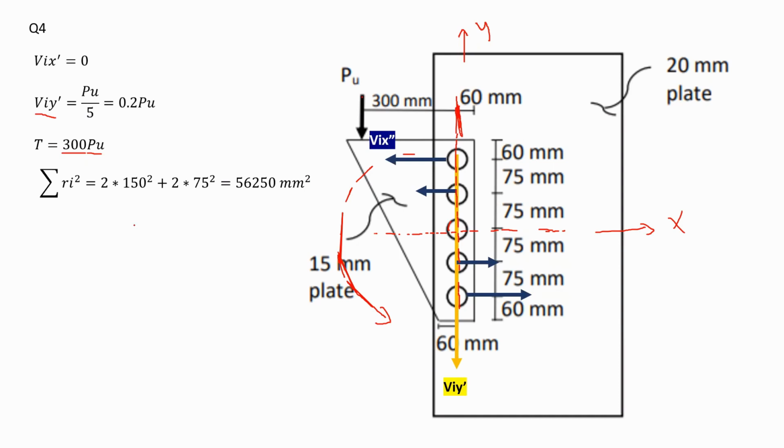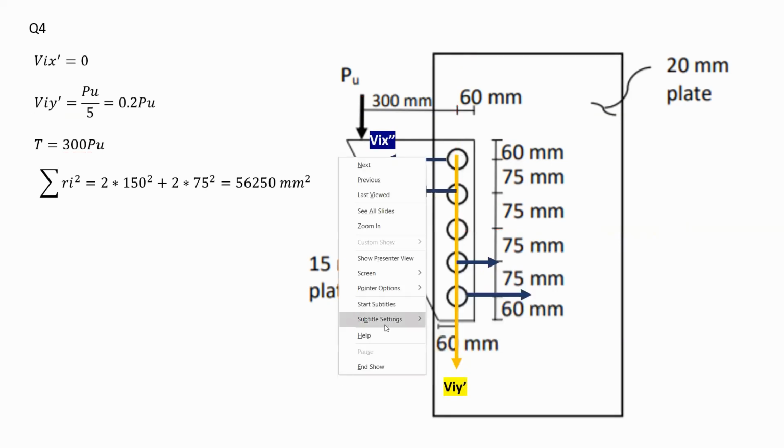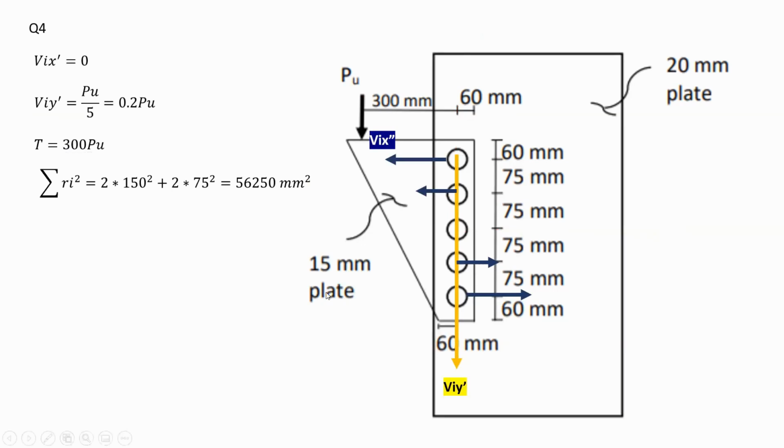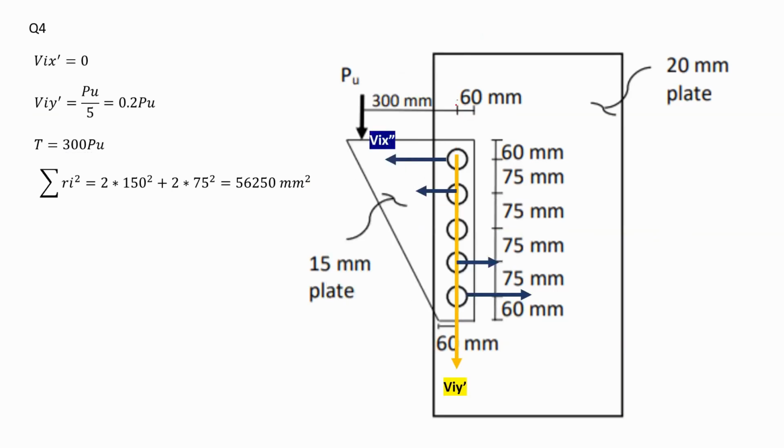So what's that? Let me first of all erase everything. Okay, so as I was saying, the centroid for the group of bolts is here.